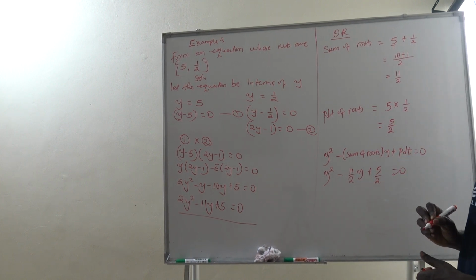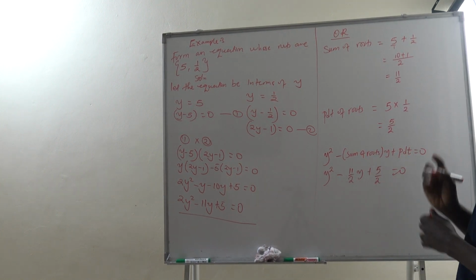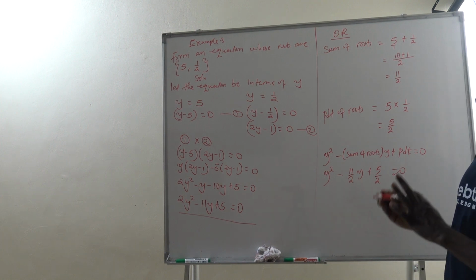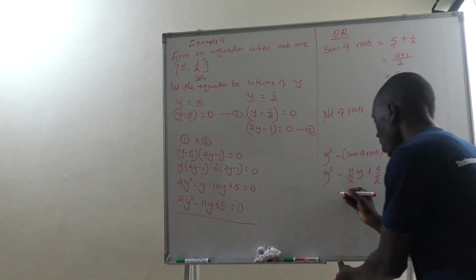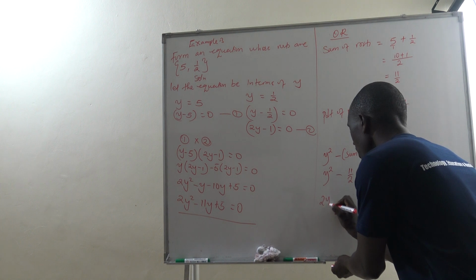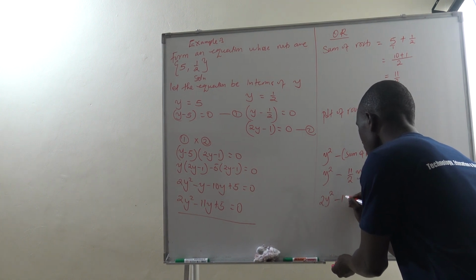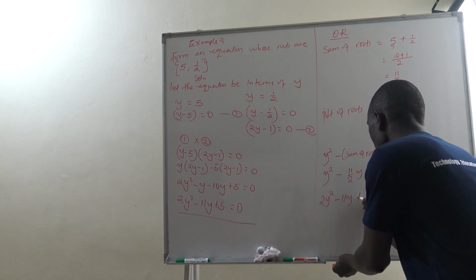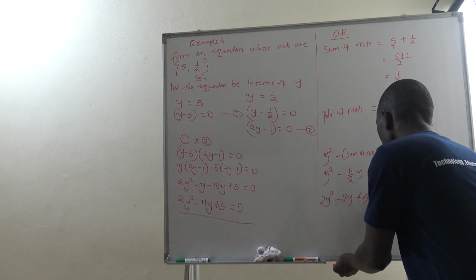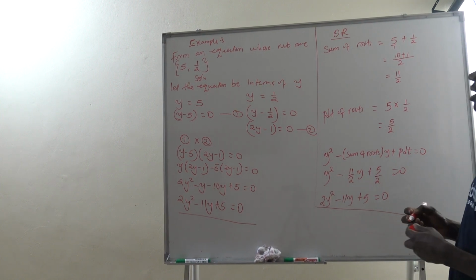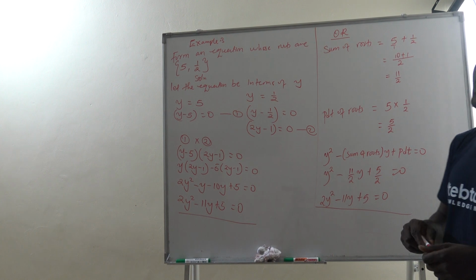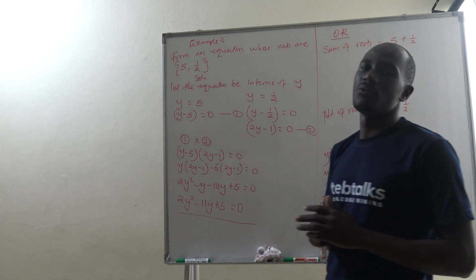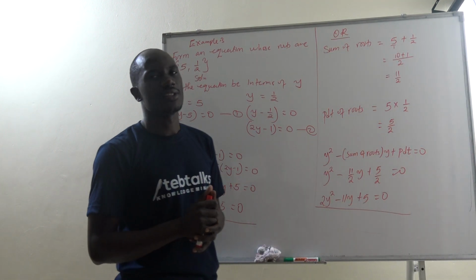Then we get the LCM, our LCM is 2. Multiply by 2 throughout. This becomes 2y squared minus 11y plus 5 equals 0. That's how we can form an equation, as we move to the next example.